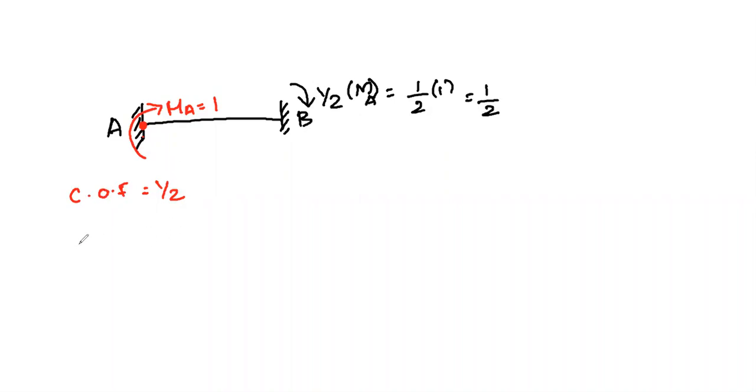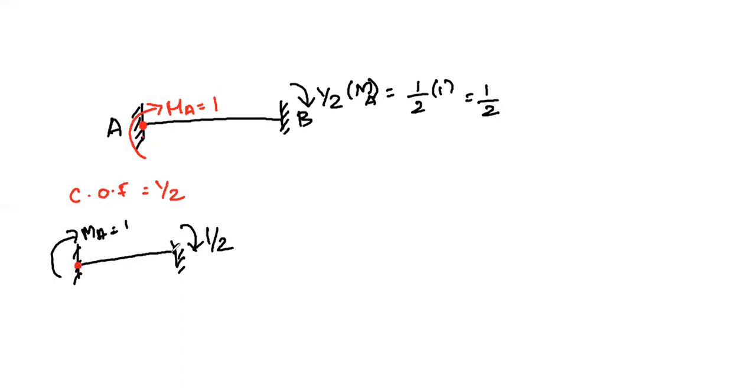So how will the beam look now? It will be looking like this. Here the moment value is 1, whereas here it is 1 by 2. Then you draw the deflected shape of this beam. Here we have introduced the hinge, so surely there will be some slope.